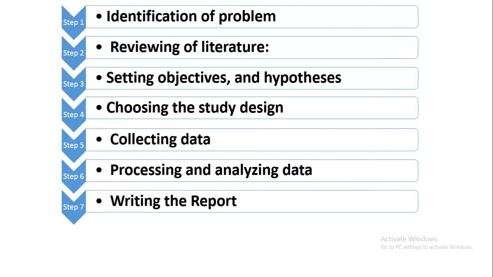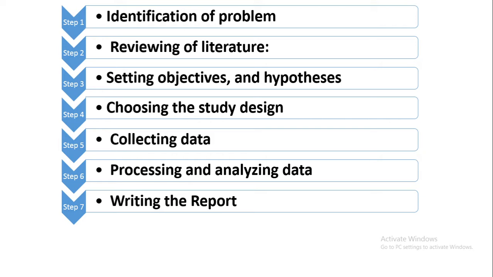For conducting a research, you need to follow the following 7 steps. The first step is the identification of your research problem, what you are solving for and what problem you have. The second thing is literature review.